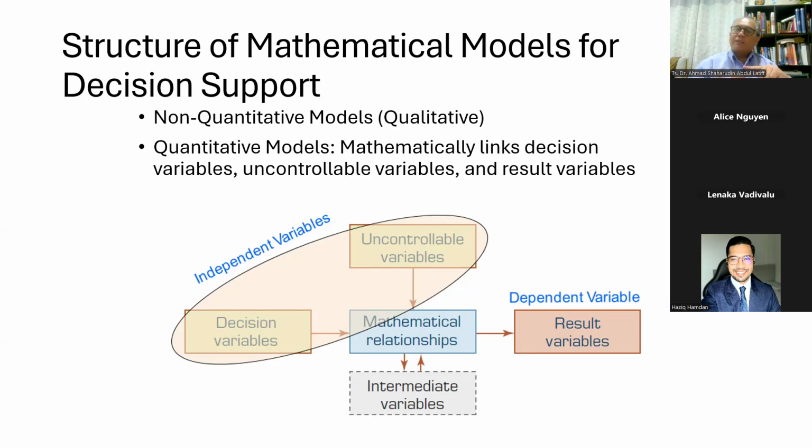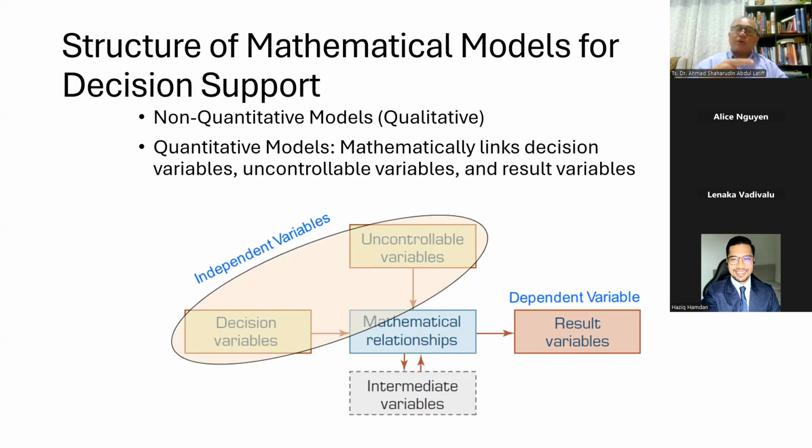So your mathematical relationship is very important to understand, whether when you increase the decision variables or you decrease the decision variables, what will be your result variable? Your result variable is the target that you set in your business. It's your goal. But your action is at the decision variables.